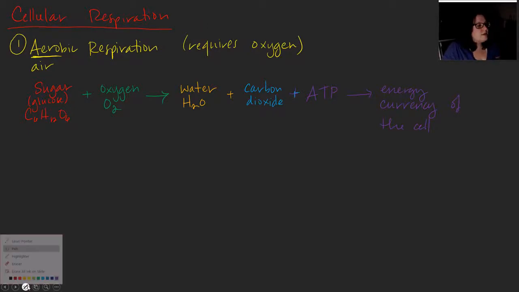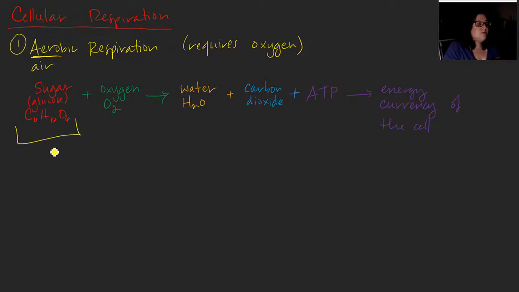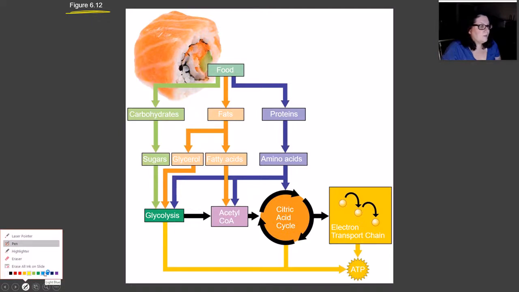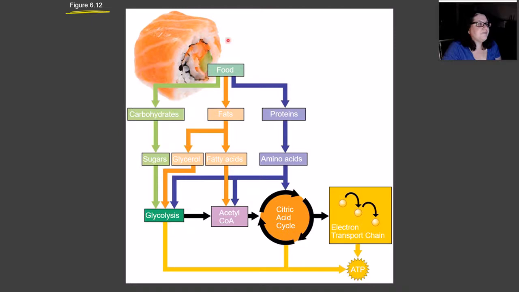So sugar now is not the only thing that can be used for cellular respiration. We can also use fats and proteins. So I like this picture right here. This is from your text, chapter 6, figure 12, that shows a lovely piece of some sort of salmon sushi and where things feed in here. So we see our food is in 3 parts: carbs, fats, and proteins.